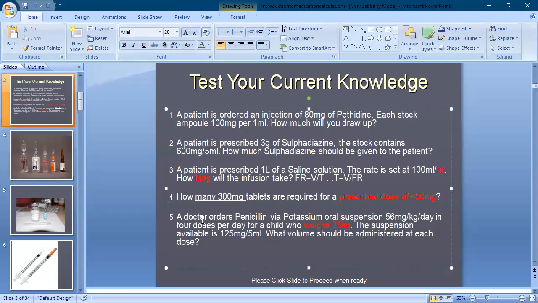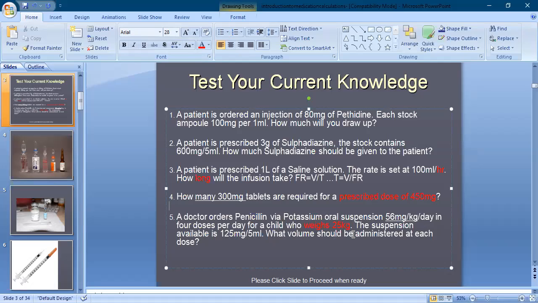Last question here. The doctor ordered penicillin potassium oral suspension, 56 milligram per kg per day in 4 doses per day, for a child whose body weight is 25 kg. The suspension available is 125 milligram per ml. What volume should be administered for each dose?